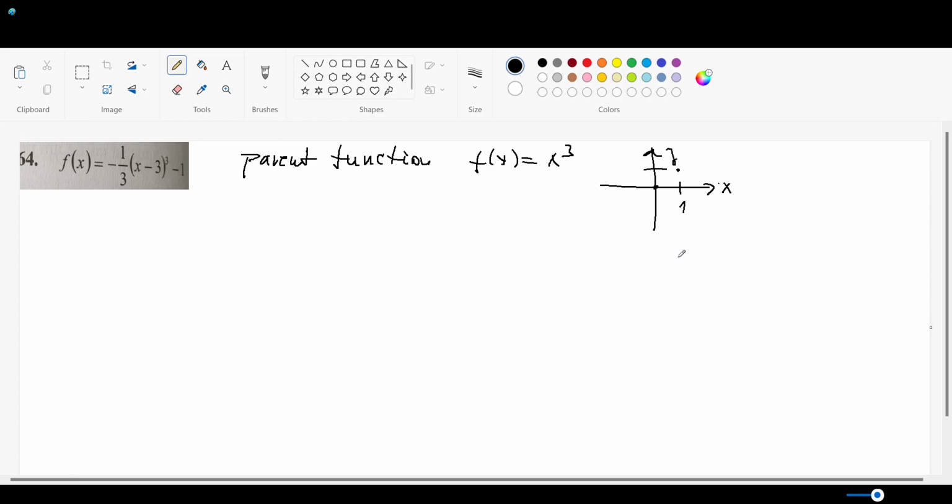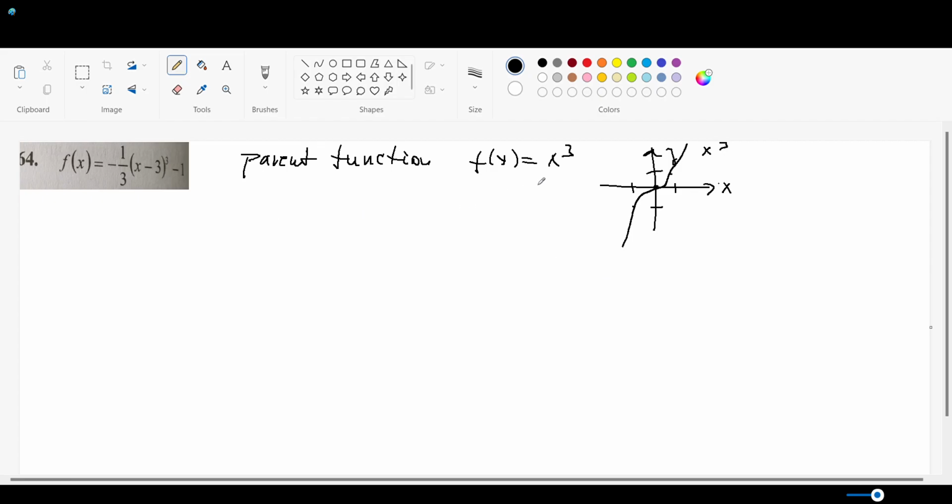Another very important point is negative 1, negative 1, so our function goes through these three points. If we sketch the graph, it would be something like that. So this is our parent function, which is x cubed.